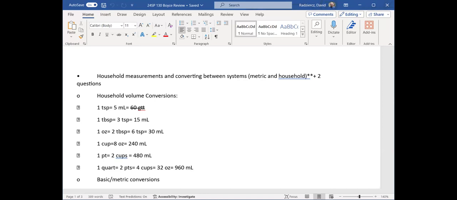So you're converting metric to metric, and you're converting metric to household. As a reminder, when you convert metric to metric, you do not round your answer, meaning that if I'm converting 25 micrograms to milligrams and you get an answer of 0.025 milligrams, that is your answer.